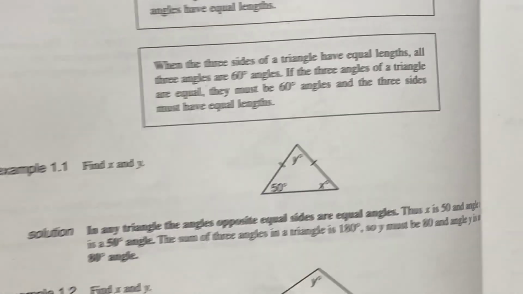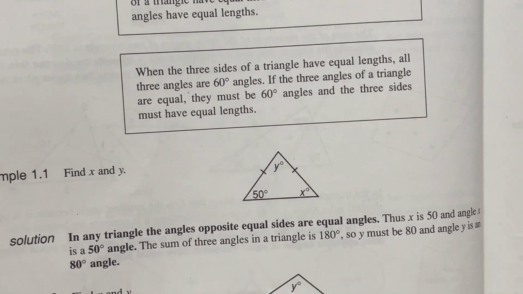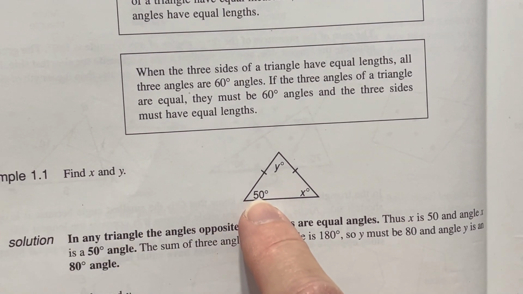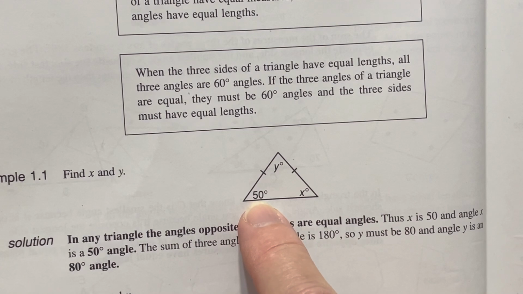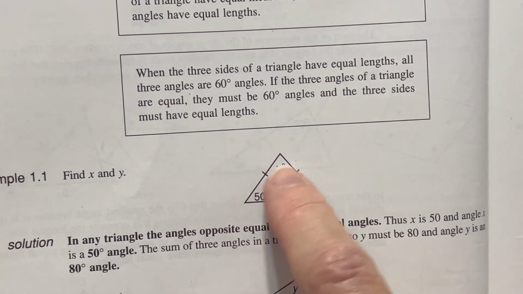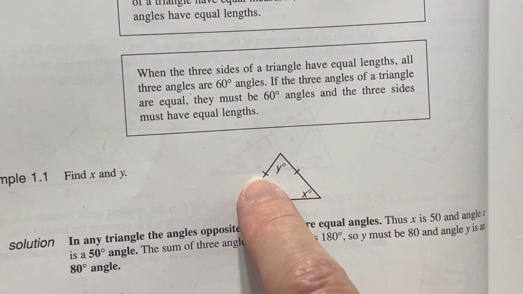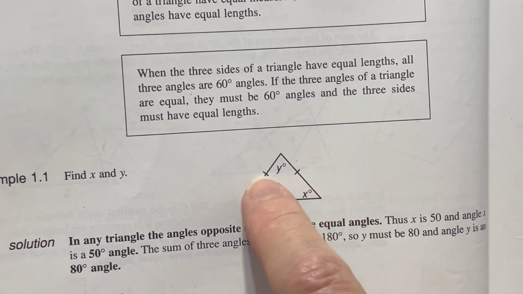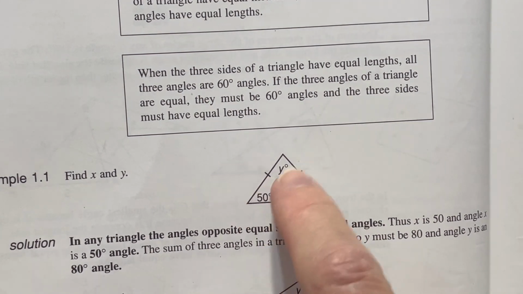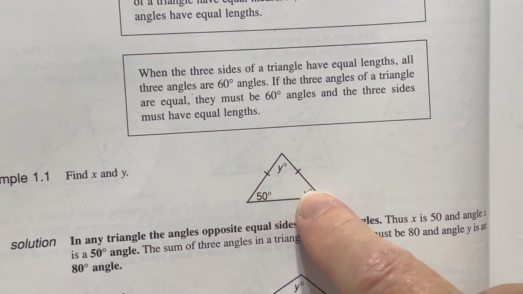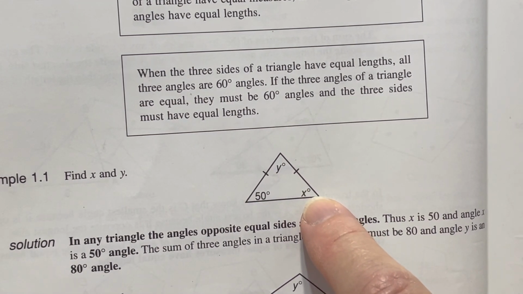So now we have some examples to apply these rules. It says find x and y. So here we have 50 degrees. We know that this hack mark and this hack mark here tell us that these two sides are the same. If these two sides are the same, that means that the angle opposite, which is 50, and the angle opposite, which is x, must be the same.